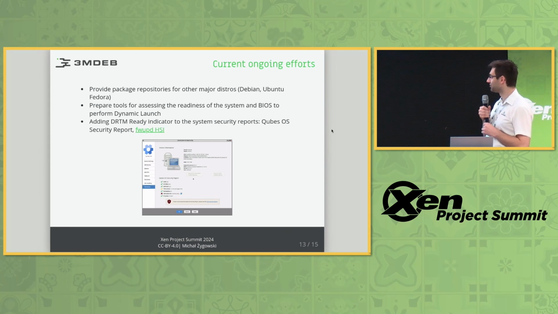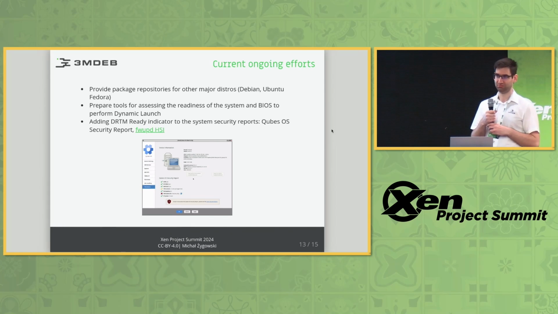And then we would also like to prepare some tools that will assess the system readiness for actually performing the DRTM, because there are often some BIOS bugs that may prevent successfully launching a system using the dynamic launch.